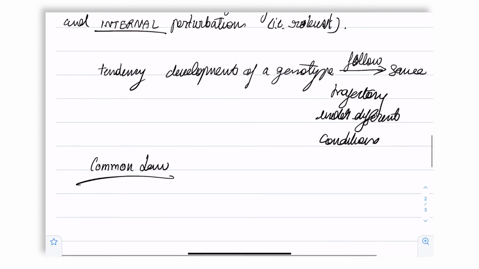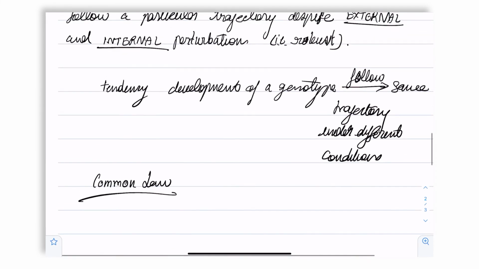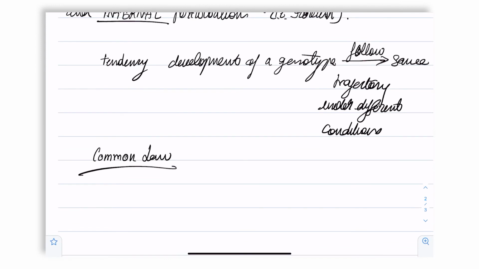In physics, this would basically be just a mathematical law. But with developmental processes, we are so unclear about what is going on that this becomes very hard. This is also sometimes referred to in the biological literature as developmental stability.